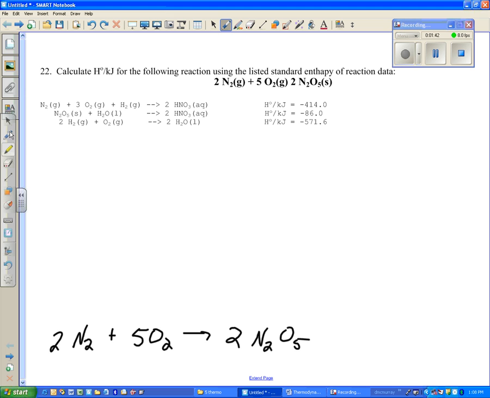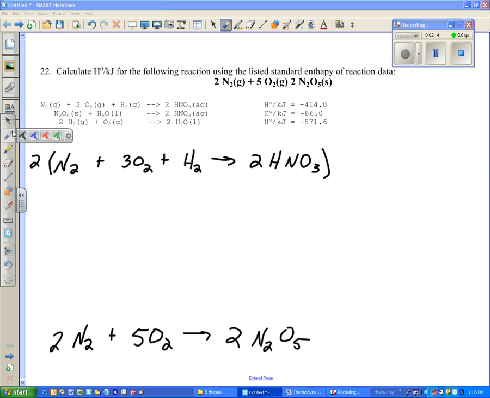I'm going to take that particular equation, which is, first off, N2 plus 3 O2s plus an H2, and it gives rise to 2 HNO3s. And we have something that's going to work for us. However, if we want to get 2 of them, what I'm going to do is multiply the whole thing by 2.